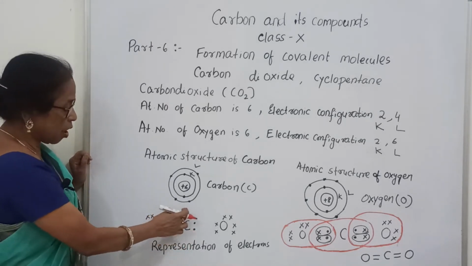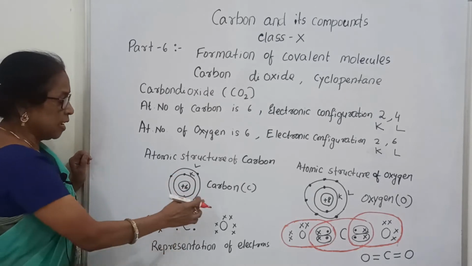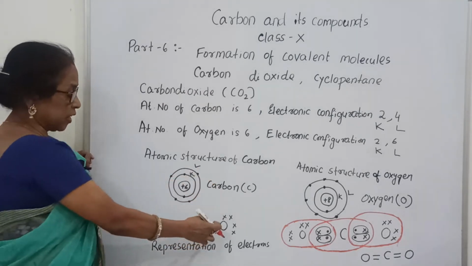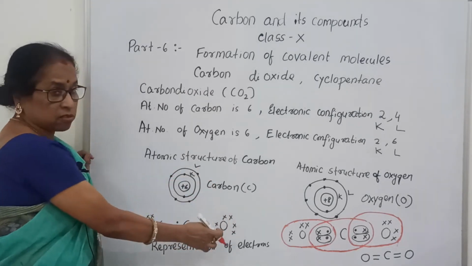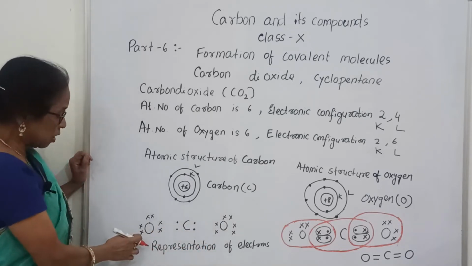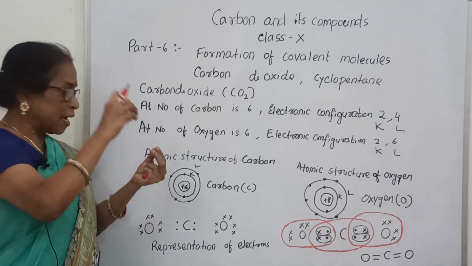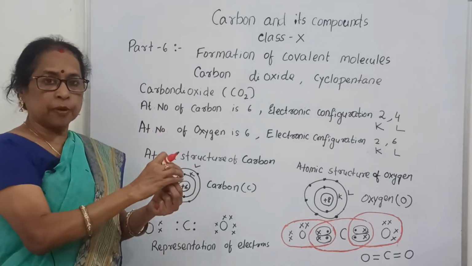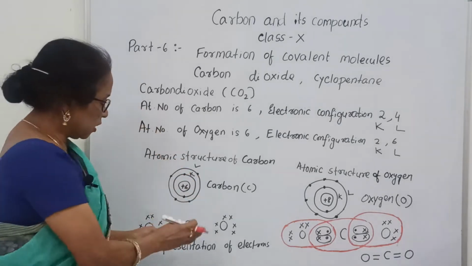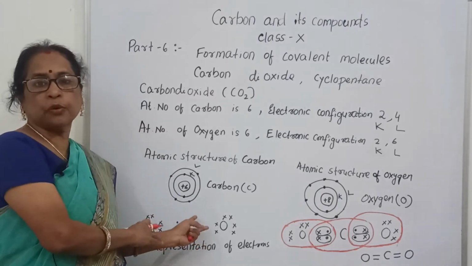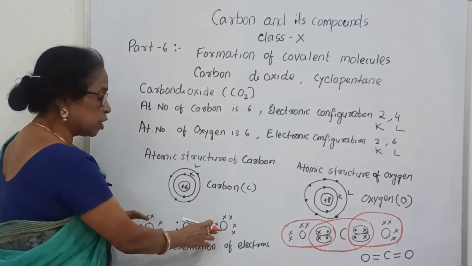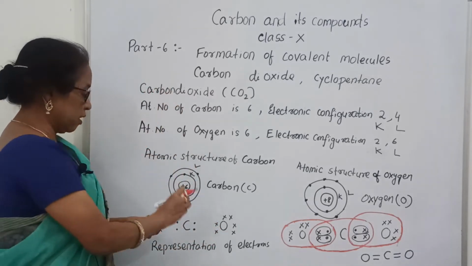Similarly, each oxygen has 6 electrons in its outermost shell. In the middle I put carbon having 4 electrons, 2 on the left side and 2 on the right side. And for oxygen, pairs of electrons are everywhere.